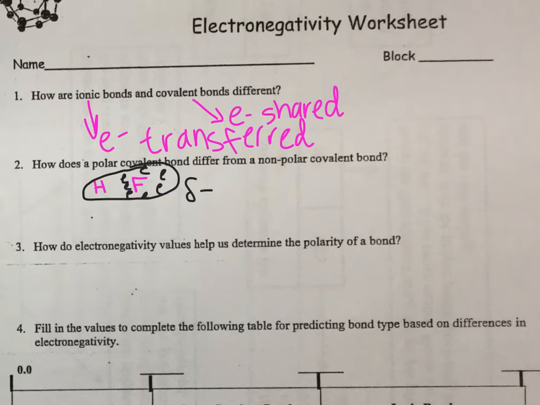You'll see these symbols, and I do want you to draw that. It kind of looks like a music note. It's a lowercase delta, a Greek symbol. And the hydrogen side, which does not have very many electrons because they're all leaning the other way, is a partially positive side.